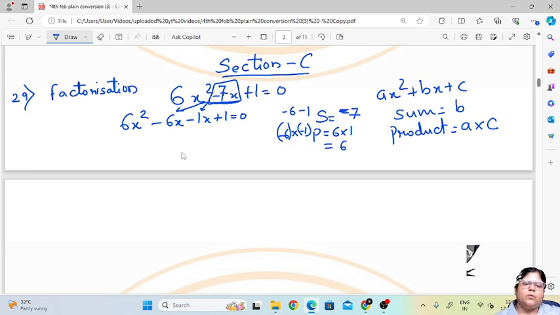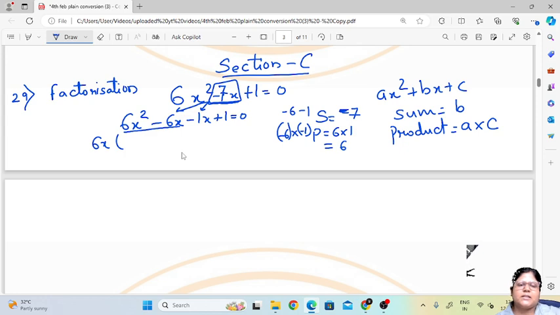Okay. Now the three terms of the quadratic equation have now become 4 terms. Now what common can I take from the first two? I can take 6 and x, right? Now what remains?